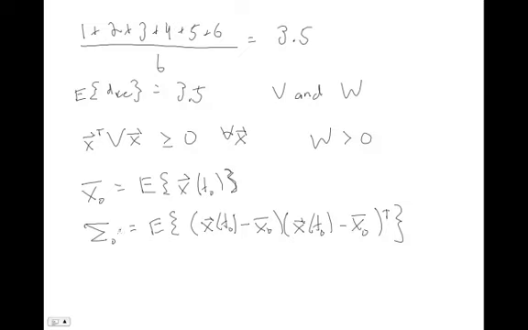So we have these properties that describe our initial state, and then the last thing we want to say about the stochastic nature of our system is that we assume our disturbance d, our noise n, and our initial state x are all mutually uncorrelated.